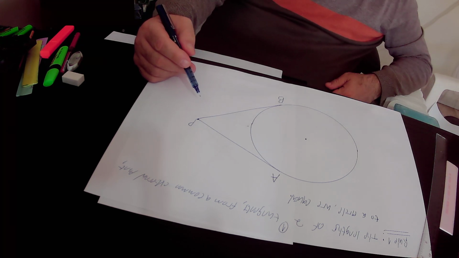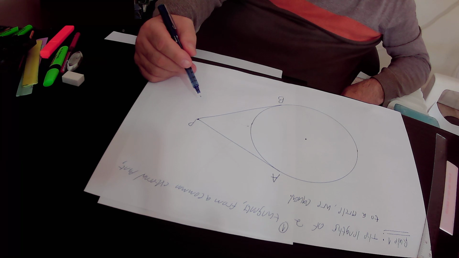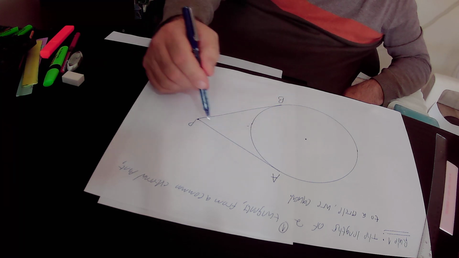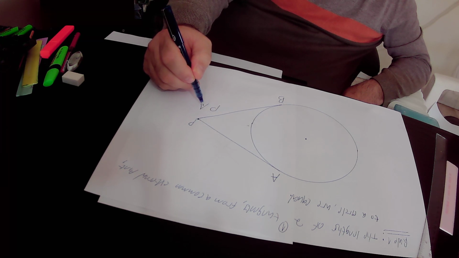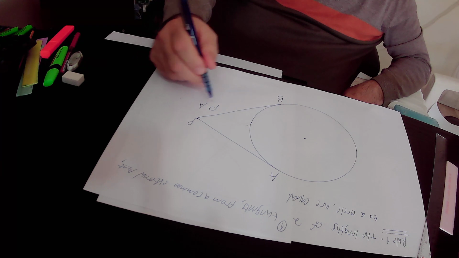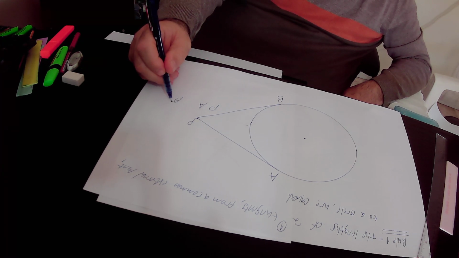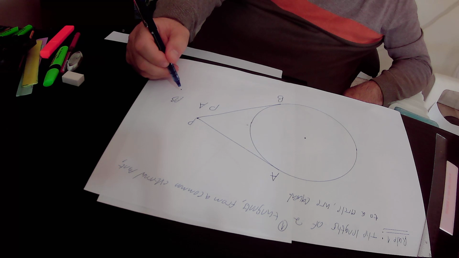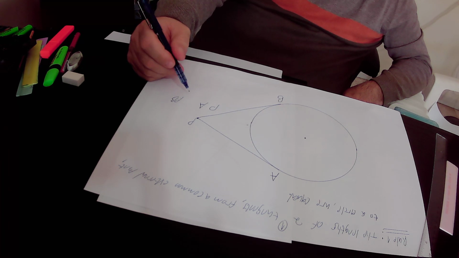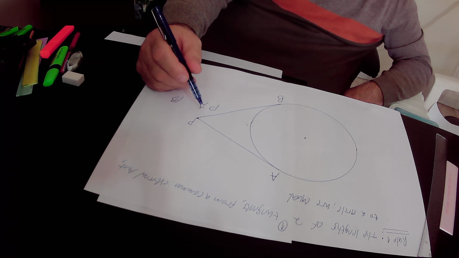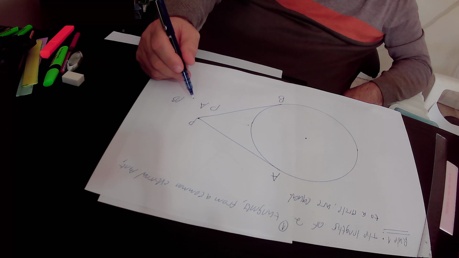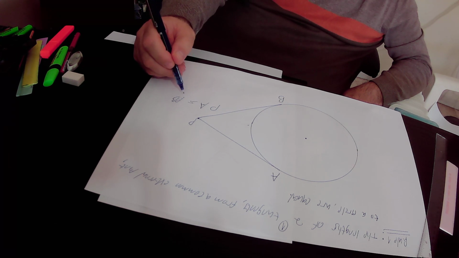So I'll read rule number 1 again. The lengths of two tangents from a common external point to a circle are equal. So the length of the first tangent is PA, the length of the second tangent is PB, and according to rule number 1, the lengths of two tangents, that is to say PA and PB, from a common external point, point P, to a circle are equal. That is to say PA is equal to PB.